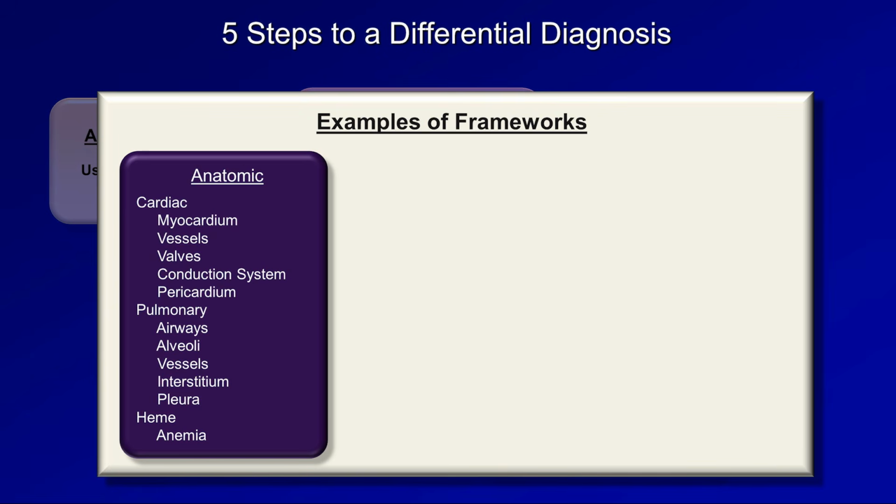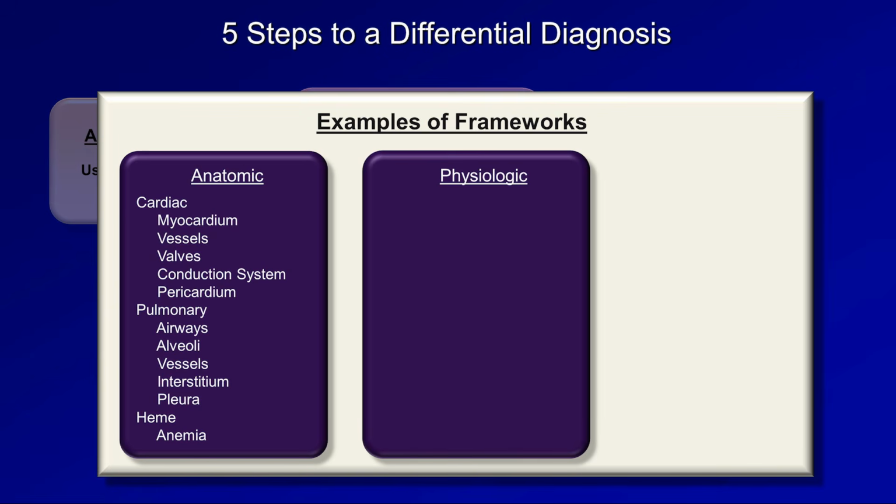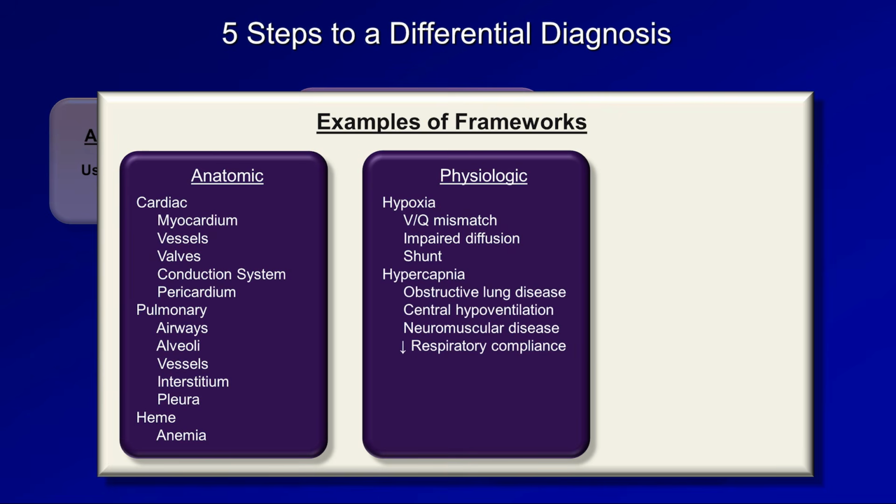Another completely acceptable framework that's based more on physiology might ask, what are the pathophysiologic mechanisms that can trigger dyspnea? There is hypoxia, which can be from VQ mismatch, impaired diffusion, or shunt. There is hypercapnia, which can be from obstructive lung disease, central hypoventilation, neuromuscular disease, or decreased respiratory compliance.